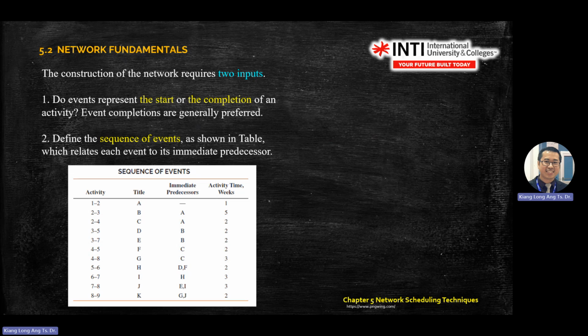So you build from left to right. H is from D and F. I is from H. J is from E and I. K is from G and J. Put an N there.